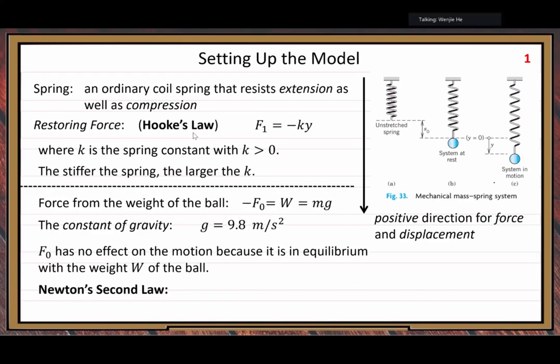Now Newton's second law. First, Hooke's law describes one of the forces, but when you look at the motion, you need Newton's second law: mass times acceleration, m times y double prime.